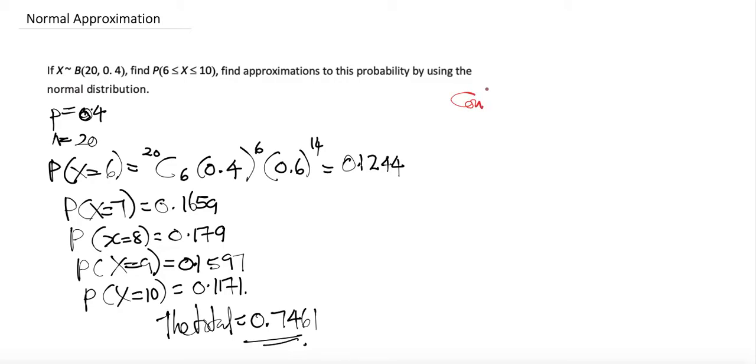For a continuous variable, I have P(x greater than or equal to 6). So when x is greater than or equal to 6, the first value will be 5.5. The approximate value will be 5.5, so I have to start from that.